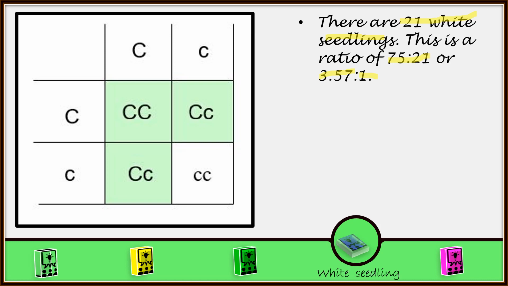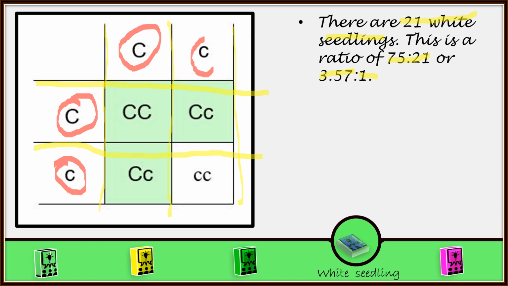So when we get our Punnett square and draw the grids, we then put in our gametes. Since the gametes are coming from heterozygotes, we shall have capital C and small c, capital C and small c.